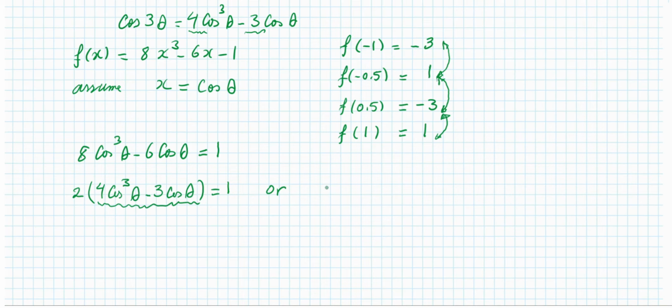So we have 2 times cosine of 3 theta is equal to 1, or cosine of 3 theta is equal to 1 over 2.